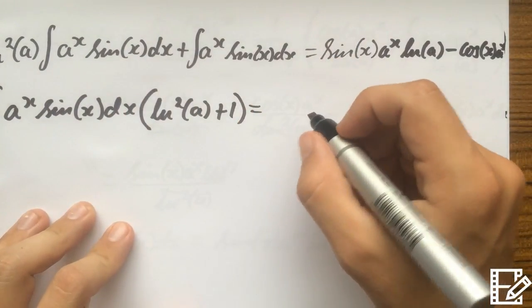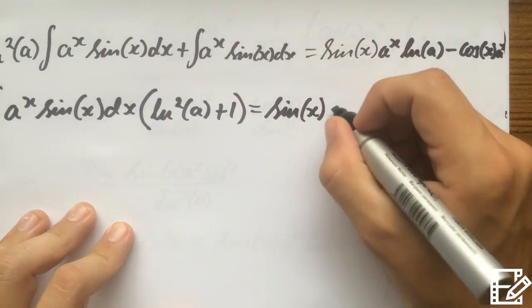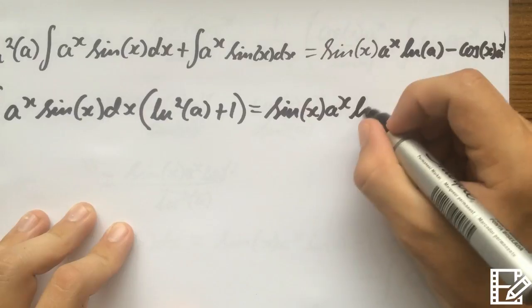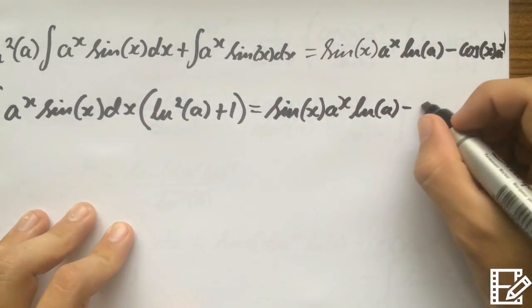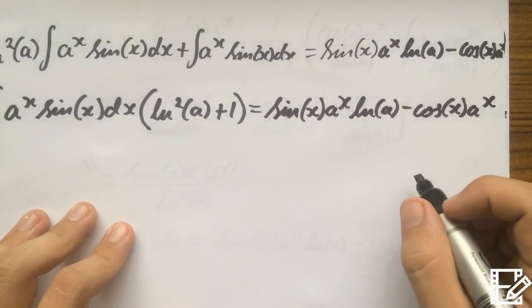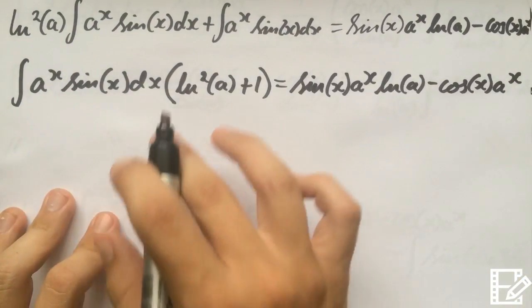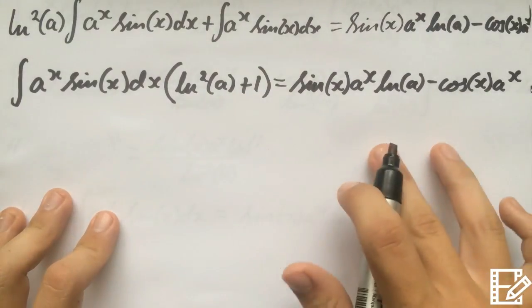And on this side, we're still left with sine x multiplied by a to the x multiplied by ln of a minus cos of x multiplied by a to the x. Now, how do we get this on its own? Simple. We just grab this and divide it.